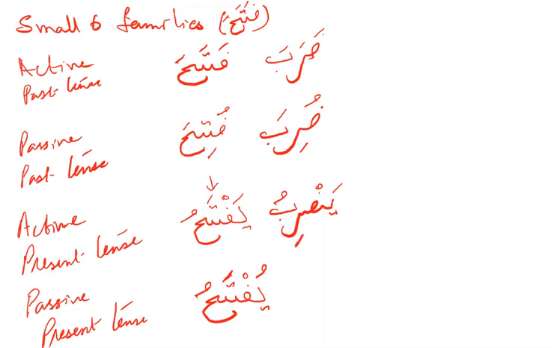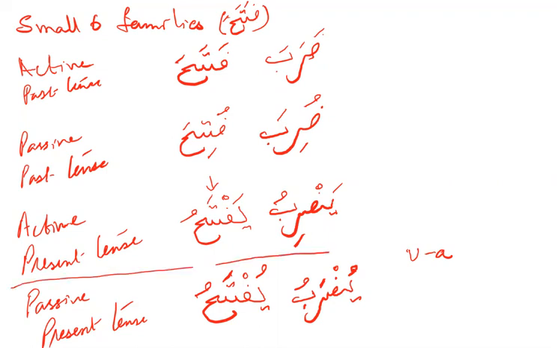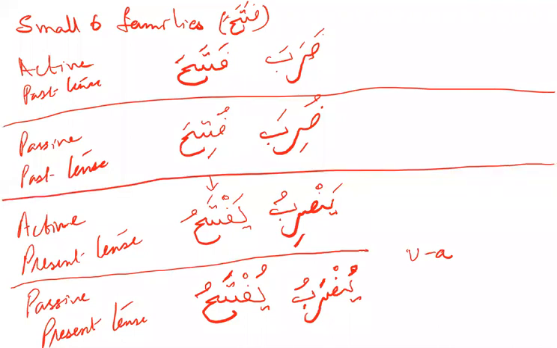Yes, it has a kasra on the ain kalma. That is the difference between daraba and fataha. And what will be the present passive pattern? Yadrubu. No, remember the u-a pattern. So it will be yudrabu. The present tense passives and the past tense passives are all the same for all the small six families. Okay?